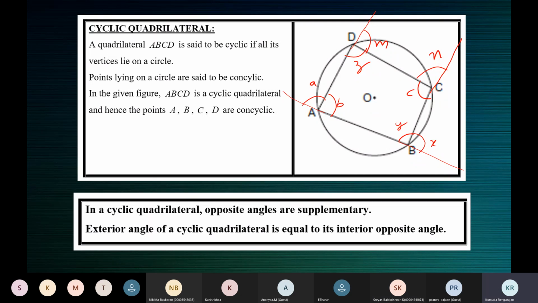A, M, N and X are the 4 exterior angles. In this figure you find 4 exterior angles, A, M, N and X.